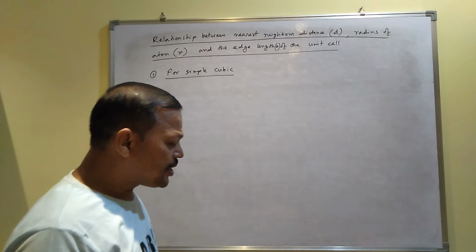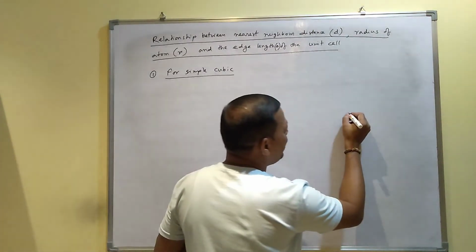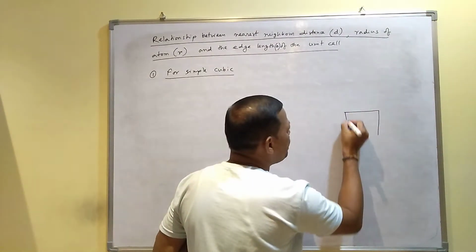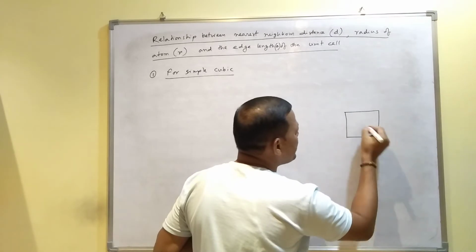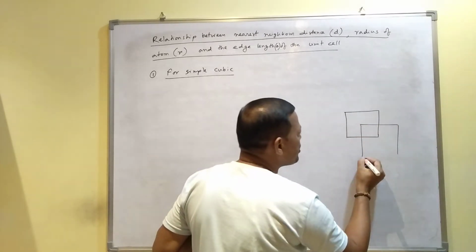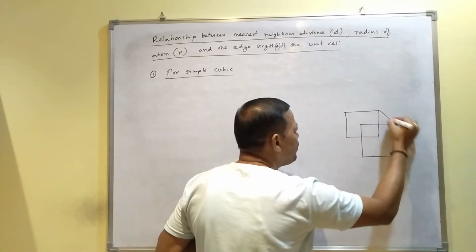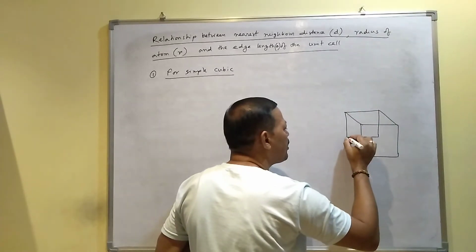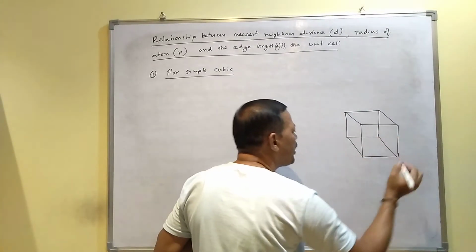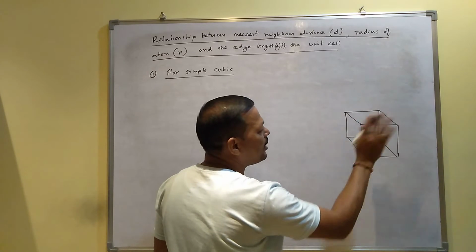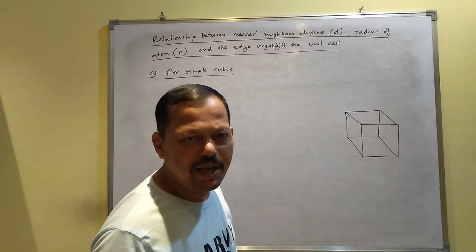Now in case of simple cubic, as you know, the unit cell is said to be simple cubic when the particles are present only at the corners. Then it is called simple unit cell or primitive unit cell. Suppose this is a cube and the particles are present only at the corners. A cube contains 8 corners.